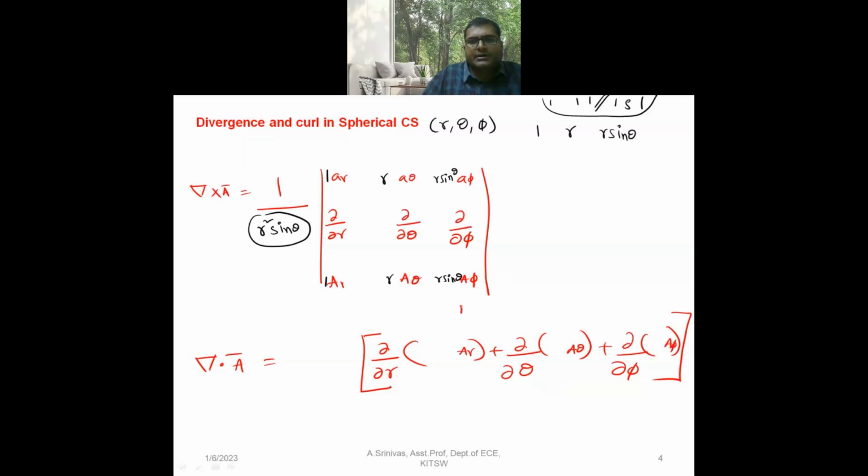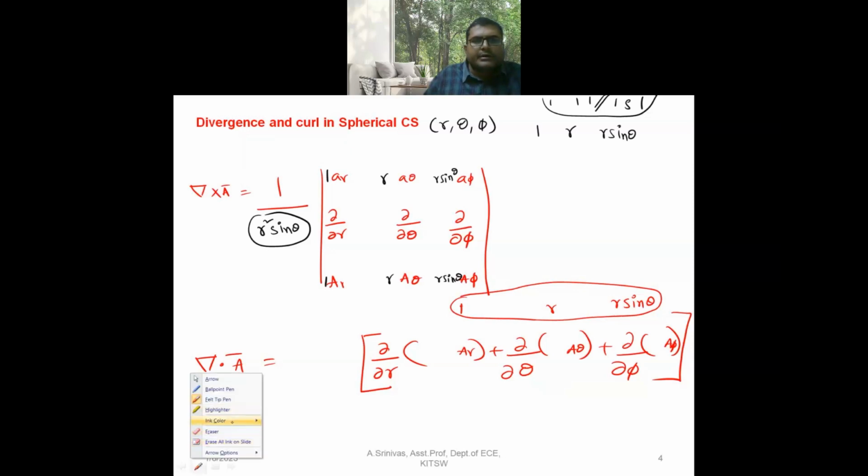Now remember the notation 1 r sine theta. Now the product is r square sine theta and its LCM component is r square sine theta.